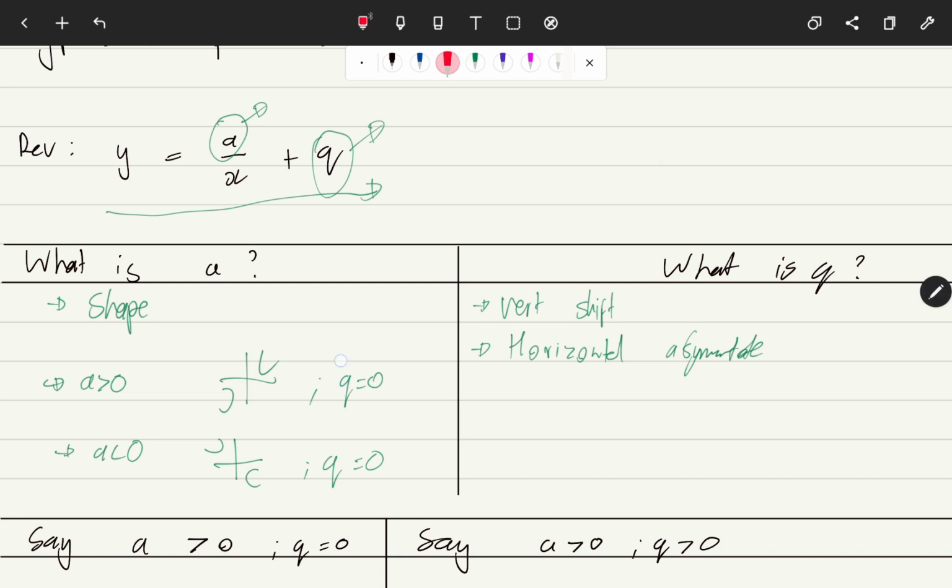Now this is me addressing q being equal to 0. If q is equal to 0, remember q is at the same time the y value. So if q is 0, we mean that the y value is 0. Now the question is, where on our Cartesian plane is the y value 0? We draw a mini Cartesian plane here, y-axis, x-axis, and we ask, where on the Cartesian plane is y equal to 0?